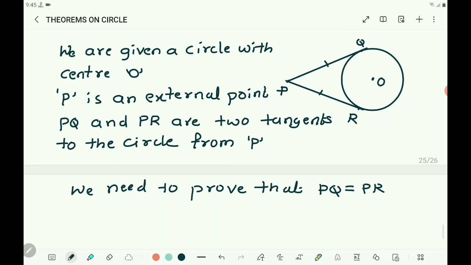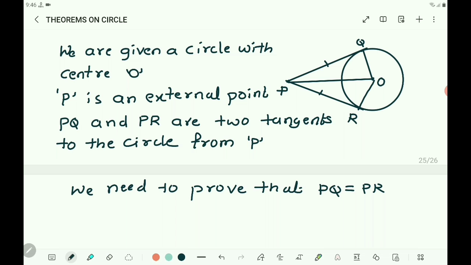So to prove this, PQ equals PR, you have to take the congruency of triangles. So we need two triangles. To have two triangles, we have to join OP, OQ and OR.